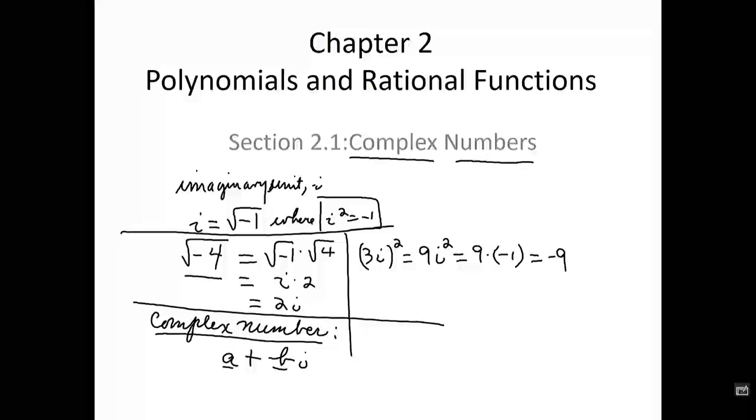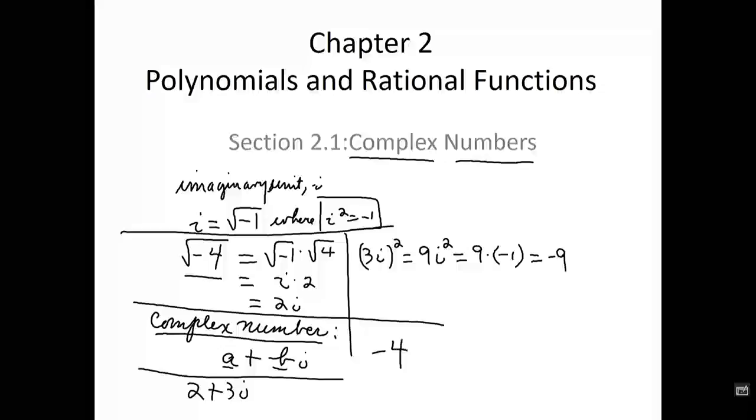a is called the real part of the complex number, and b is called the imaginary part of the complex number. So let's look at some examples. All right, 2 plus 3i. The real part is 2. The imaginary part is 3.